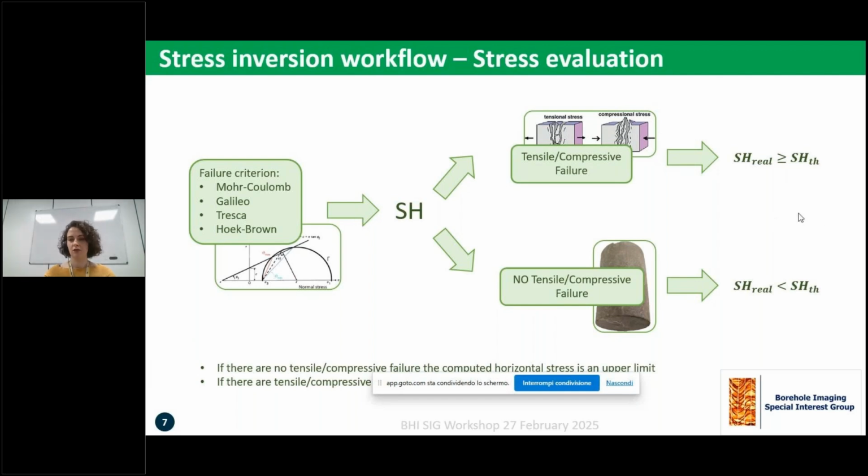So just to stress all the information provided in these slides, we can see that the proposed workflow provides a range of maximum horizontal stress, considering both information from the well and information from theoretical computation.